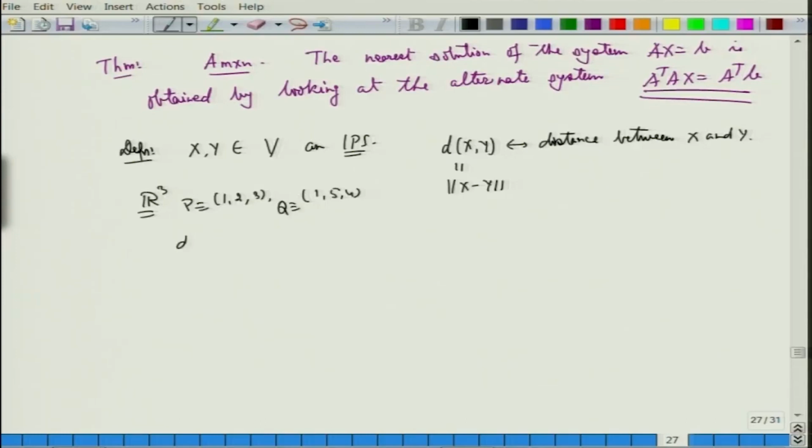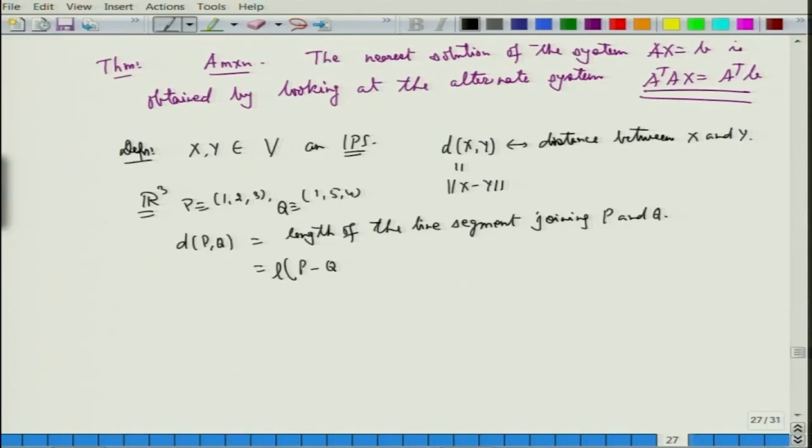Then the distance between P and Q was nothing but the length of the line segment joining P and Q, which was the same as looking at P minus Q and its length: 1 minus 1 whole square plus 2 minus 5 square plus 3 minus 4 square. This is what we had.